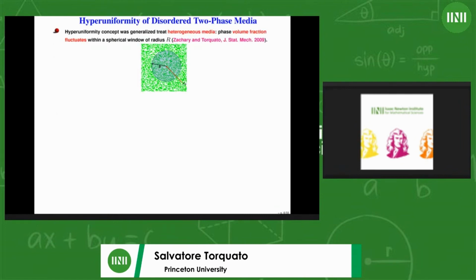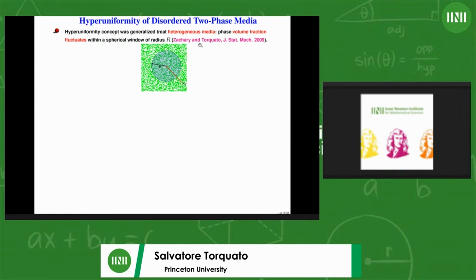Now I want to talk about the context that I'm going to be speaking about today, and that is two-phase media, composite media. And in that system, you could also talk about hyperuniformity. In this case, you don't have density fluctuations, point number fluctuations, you have volume fraction fluctuations.